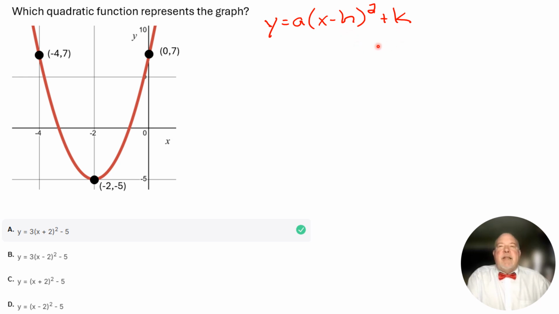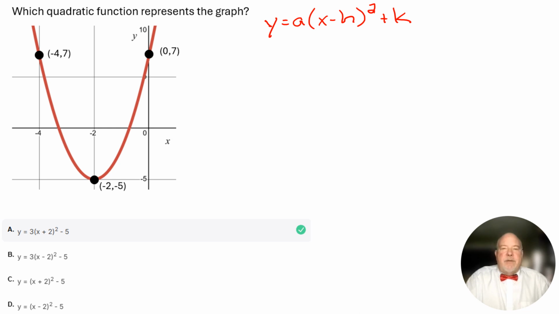Now, let's start with h and k because those are the easiest. You should know that h and k give you the coordinates of the vertex, which is right here. So if you look at the vertex, the x value is h, and the y value is k. So this gives me h, this gives me k.